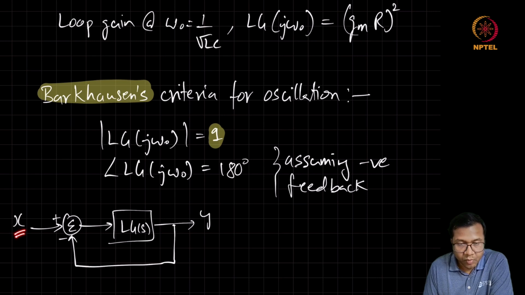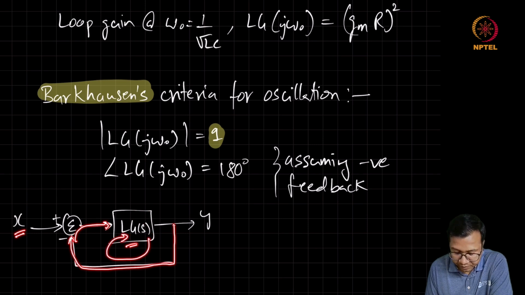So it means even when there is no input supplied, this output is going to appear at the input of this forward path. And since there is a complete 360 degree phase shift in the loop, we will find that the output coming out of this forward path is going to be the same as the output which we started with.